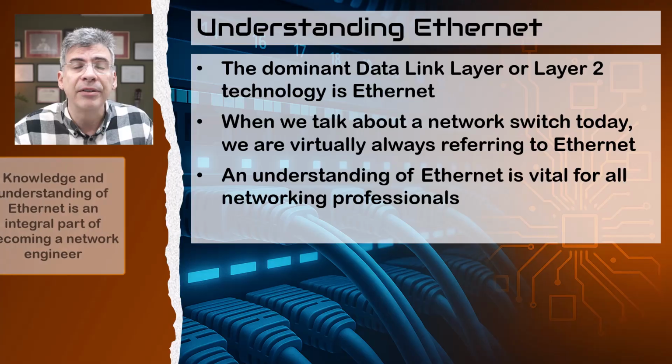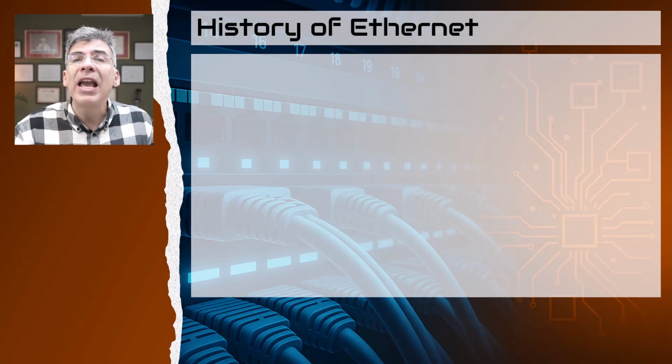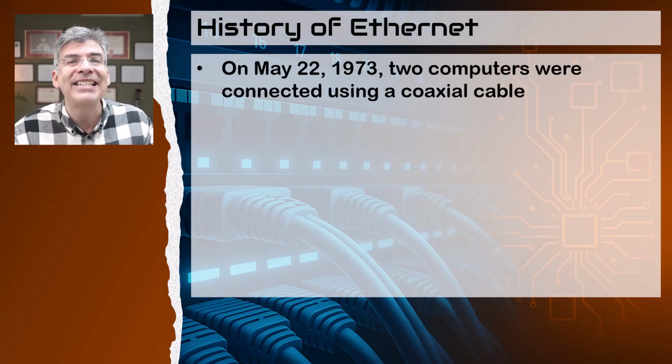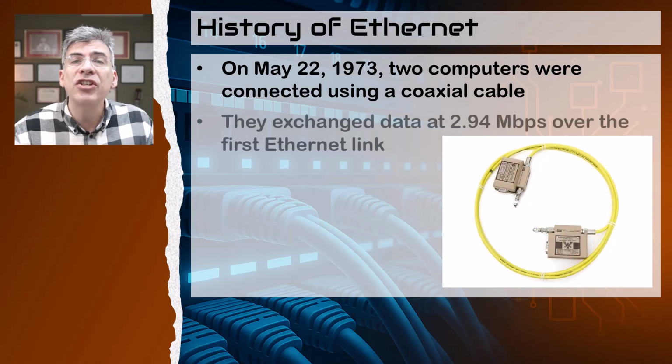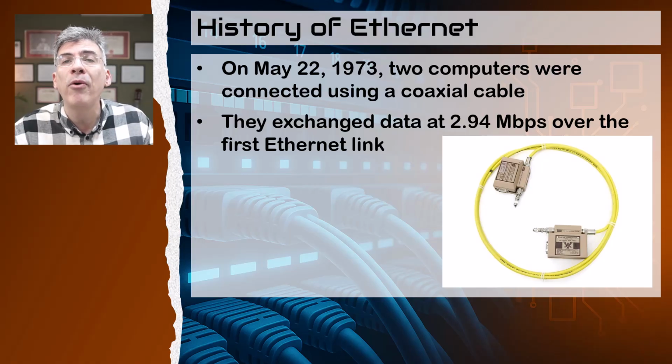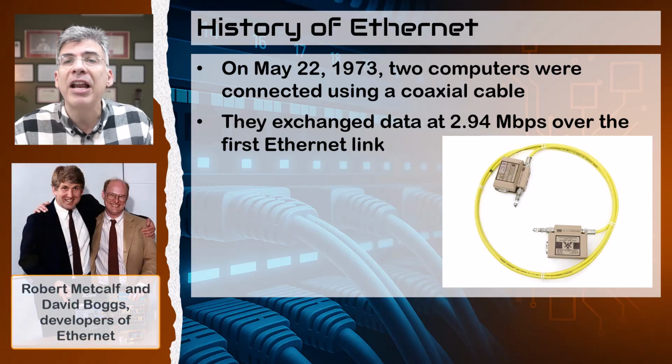So let's get started. Ethernet was born way back on May 22, 1973, when two computers were connected to each other with a coaxial cable, and they began exchanging data at a bit rate of 2.94 megabits per second. It was first named Ethernet back then by one of its developers.